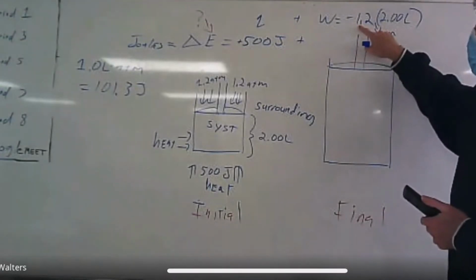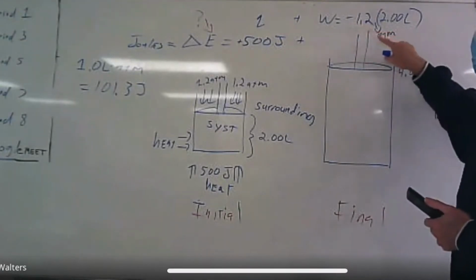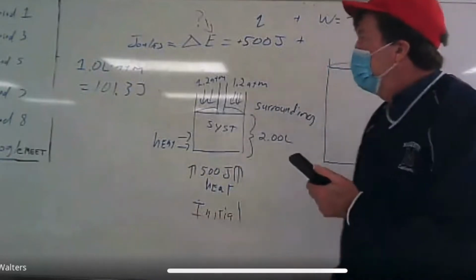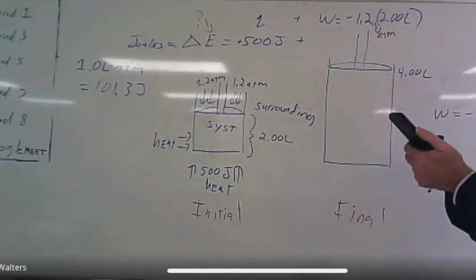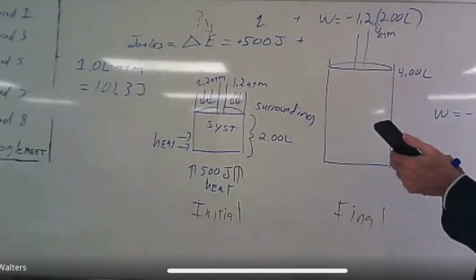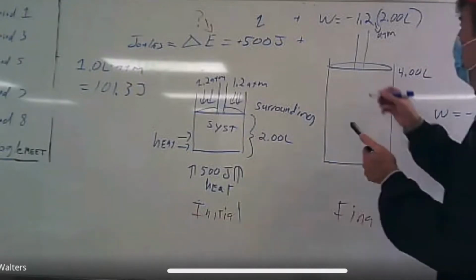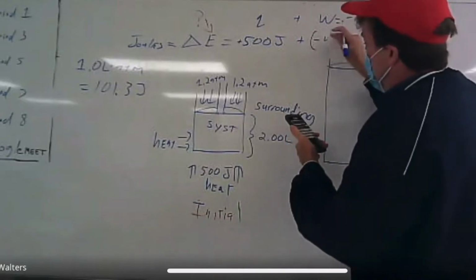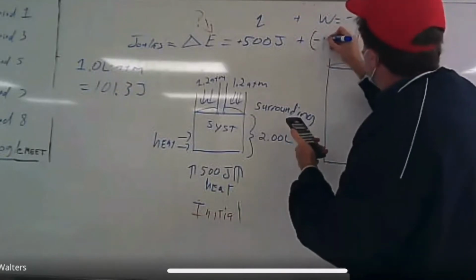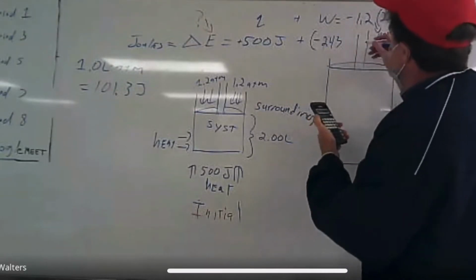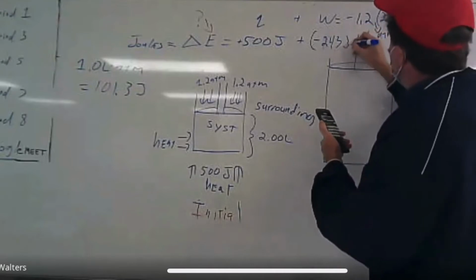So 2.4 liter atmospheres, but let's convert it to joules here. So that equals negative 243 joules.